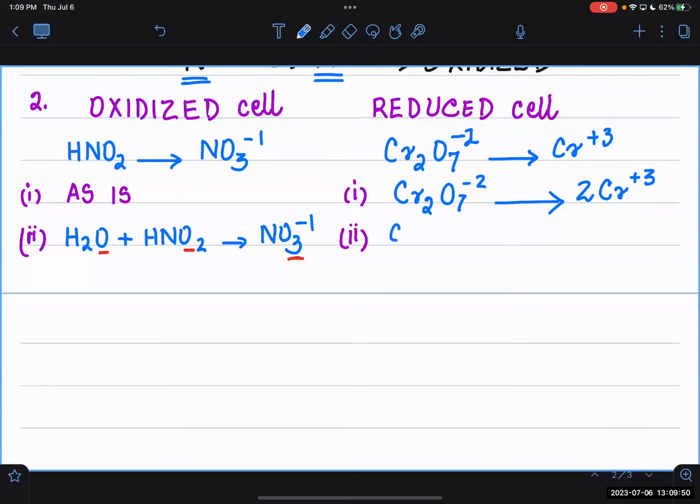So we have Cr2O7 minus 2 gives you 2Cr plus 3 plus 7 H2O. Agree to that? So if you look at it, now you have balanced the oxygens here. This is 7 oxygens and 7 oxygens. Clear? Chromium is balanced. All right.